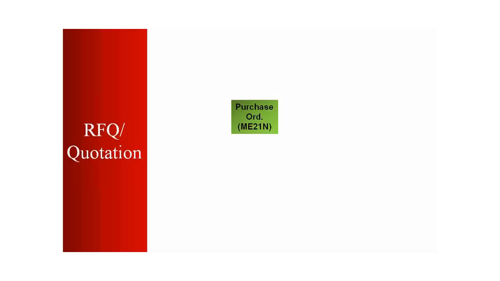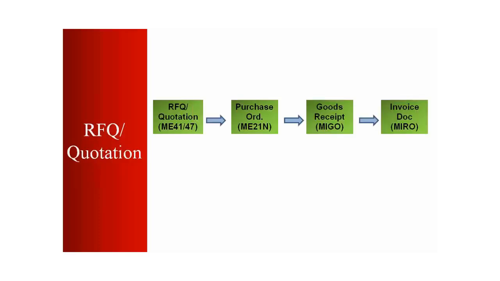So we have seen three things before, but this time we'll be adding another step in front of the purchase order: request for quotation and quotation. So we'll start the process not with the purchase order, but with the request for quotation and quotation. Then we'll move on to purchase order, goods receipt, and invoicing document. Let us start with our first part, request for quotation.